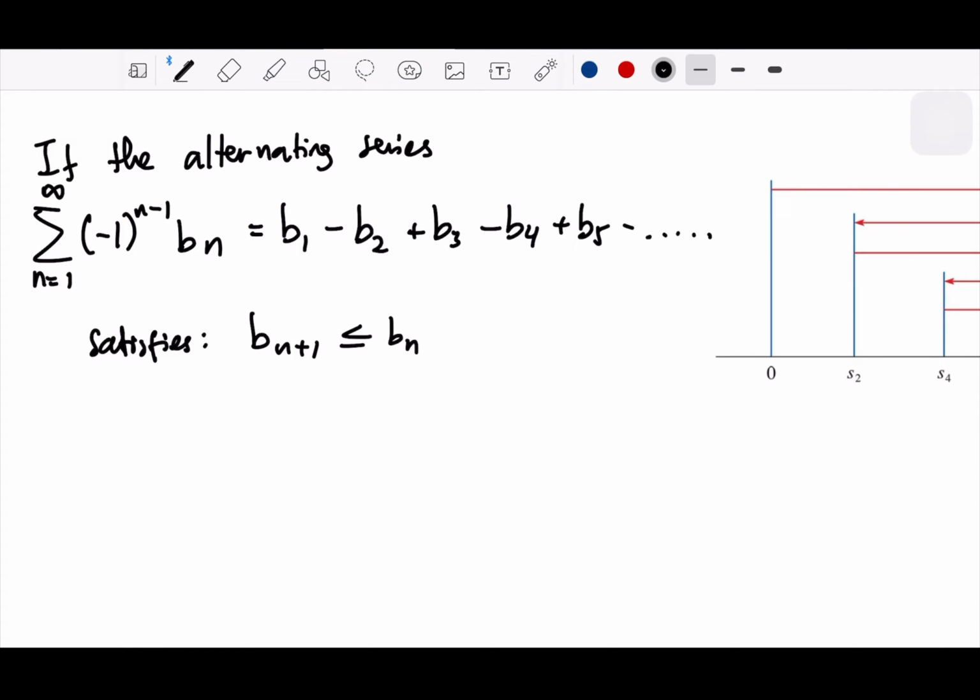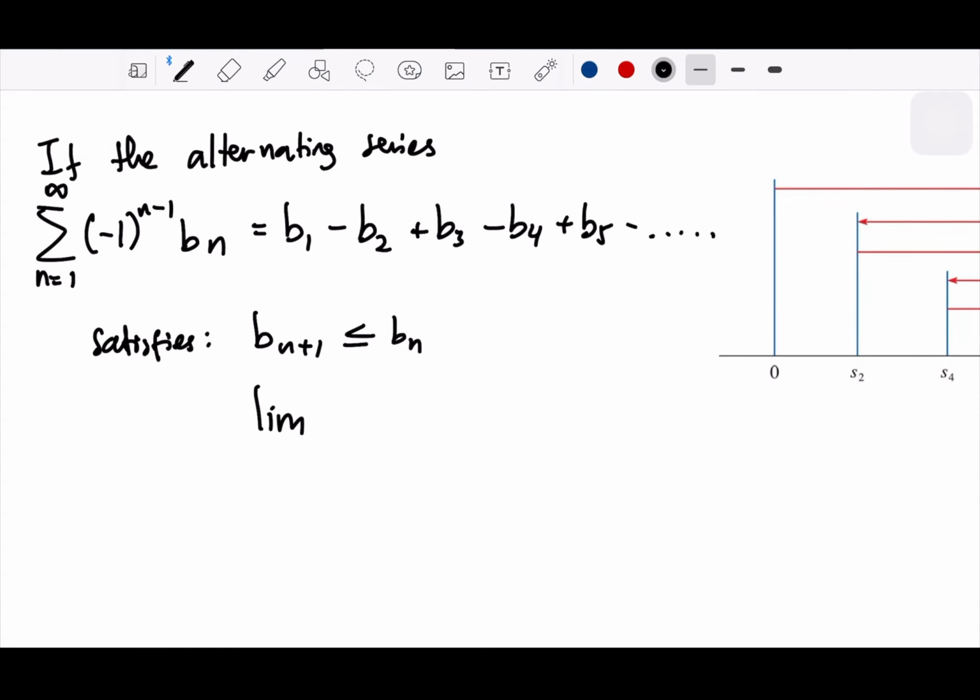And then you can make sure that it's convergent. And also, the limit of Bn is going to be 0. So this will conclude the series is convergent.